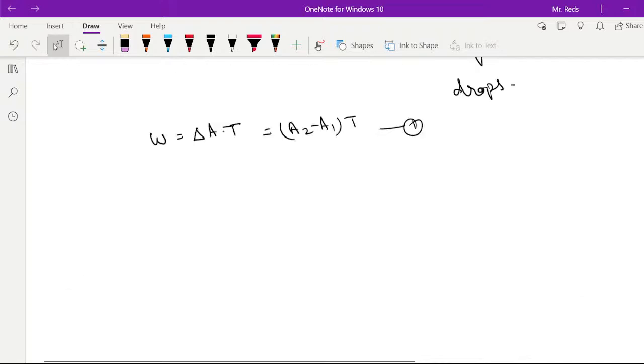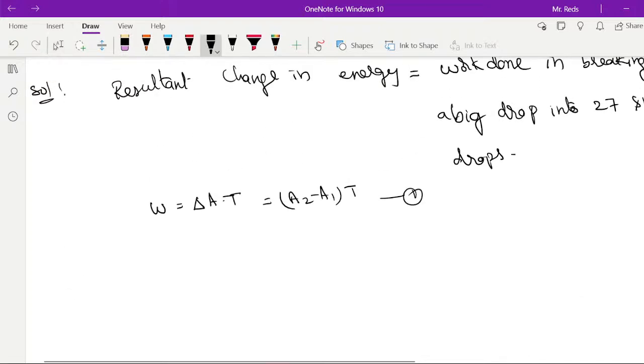This relation you can use here. So the resultant change in energy, I can take it as delta E, is equal to A2 minus A1 into T, which is 4 pi capital R square into (n power 1 by 3 minus 1) into T.